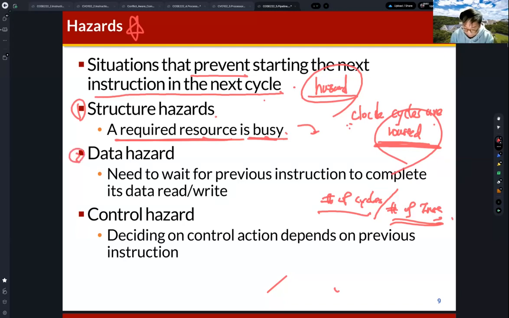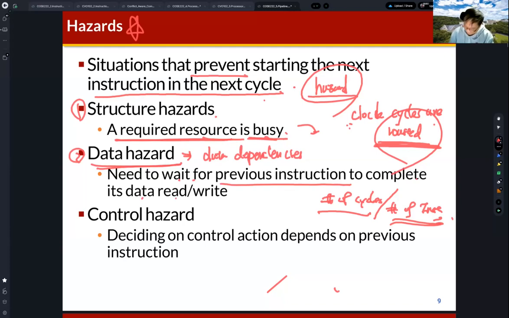And then the data hazard. A data hazard is caused by data dependency. As you can see, we need to wait for the previous instruction to complete its data read or write.